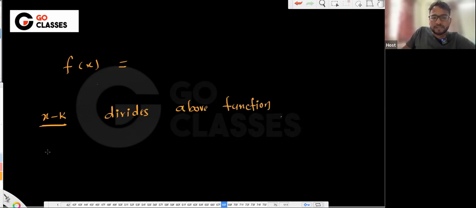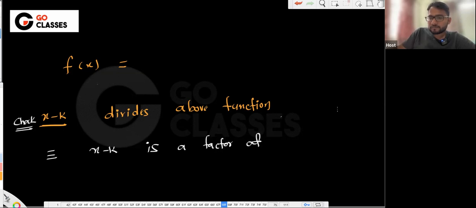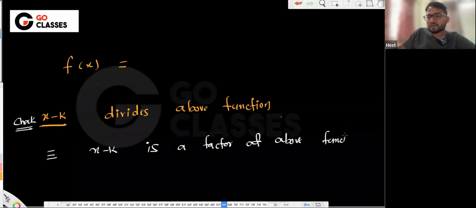This is as good as saying that x minus k is a factor of the function. If x minus k is a factor, then it will divide, otherwise it will not divide.